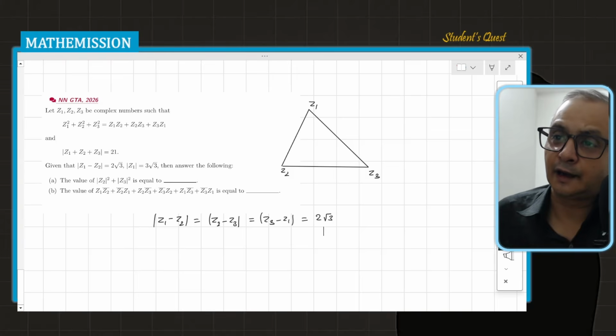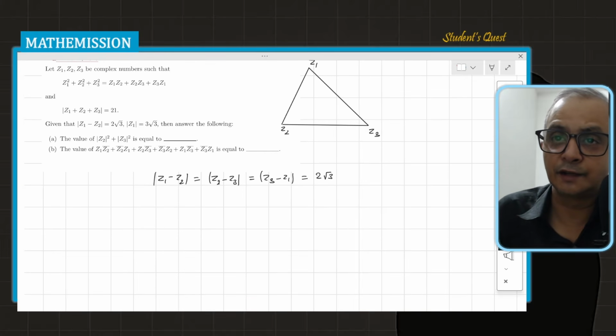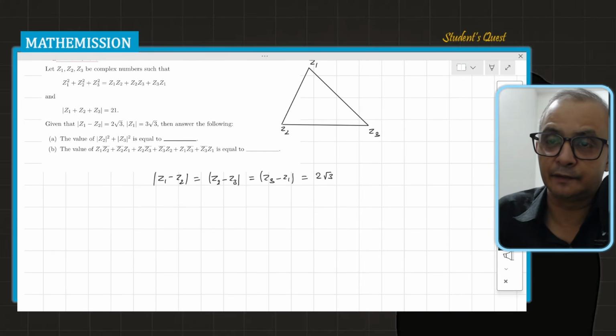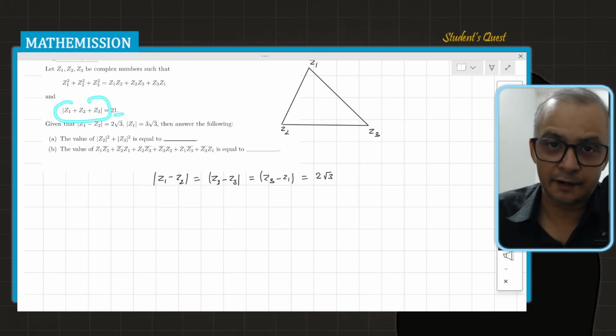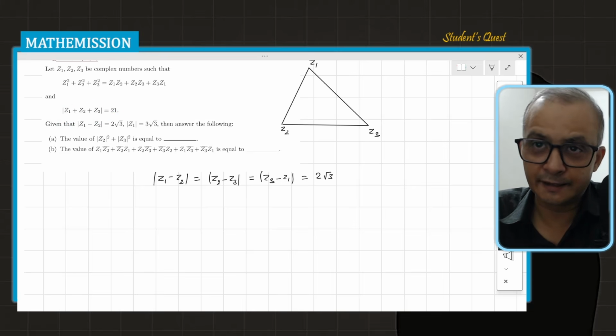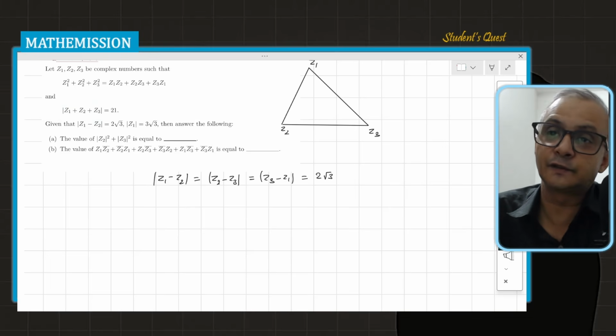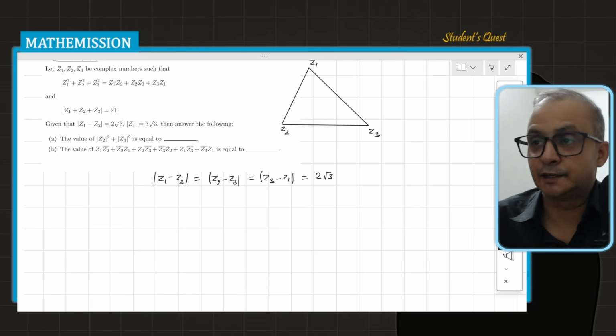Now what they are asking is mod Z1 squared plus mod Z2 squared plus mod Z3 squared. So how can we use this? They have also given that the mod of Z1 plus Z2 plus Z3 is 21. Whenever in complex numbers we have the mod of something given, a good practice is to square it and apply Z times Z conjugate.